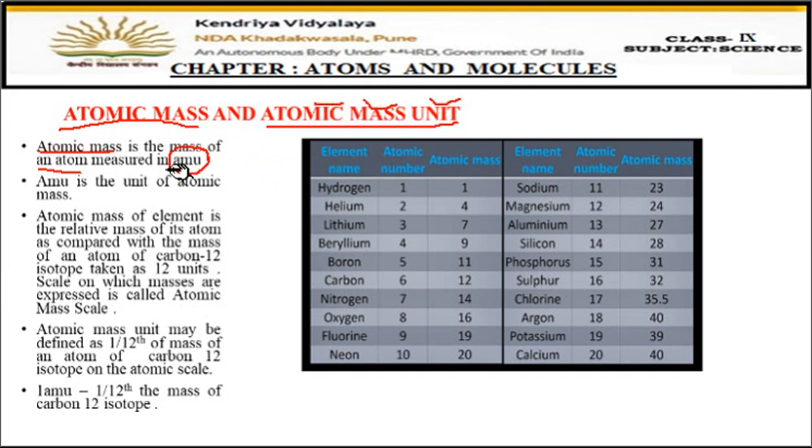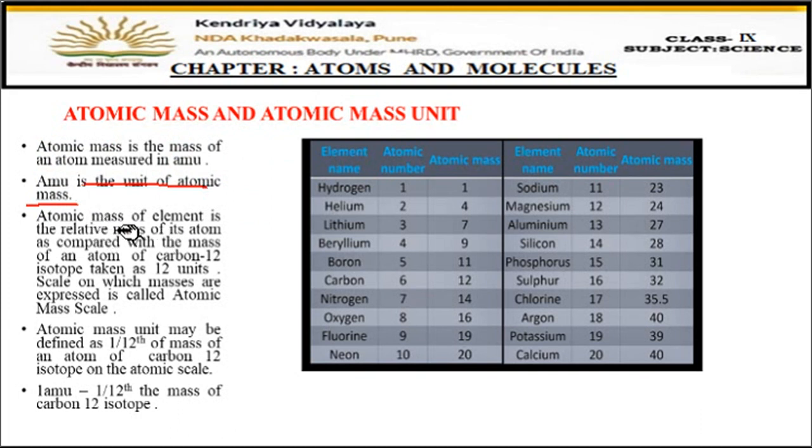Like length is measured in kilometers or meters, weight is measured in kgs or grams. Likewise, atomic mass is measured in atomic mass unit. AMU is the unit of atomic mass. Okay, here in the second line you can see that AMU is the unit of atomic mass of the atoms.